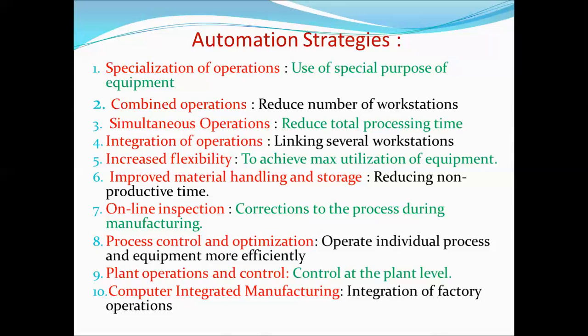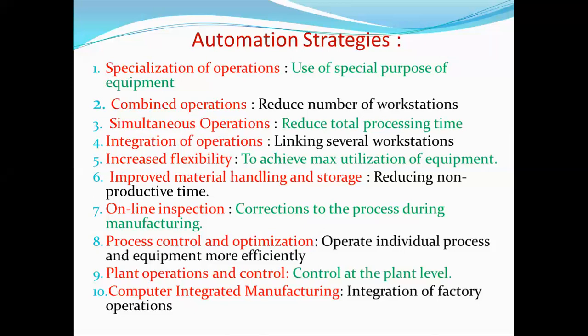So this can further reduce the non-productive time. Storage can also be controlled, or developed and connected with your automation system, so that you can easily judge the capacity, or find out how much material is kept in the storage.